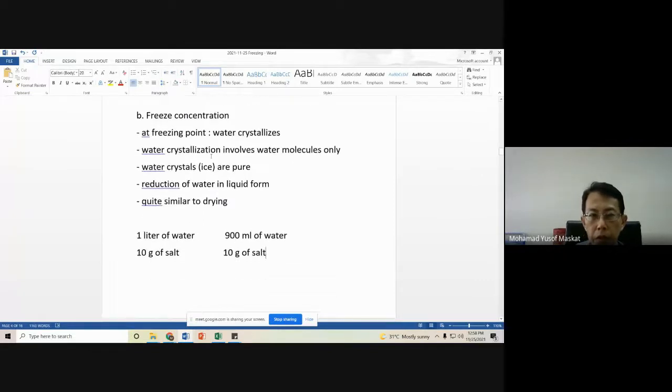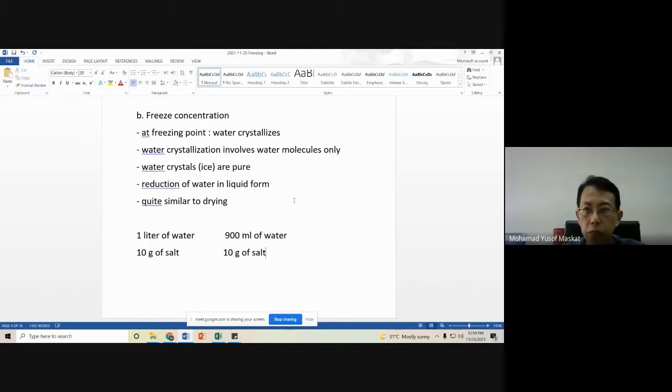And actually, this is one of the methods of food concentration. Because when we extract something and we want to make it more concentrated, we need to discard some of the water. So the common method of discarding water is just to supply heat, and then the water will evaporate.